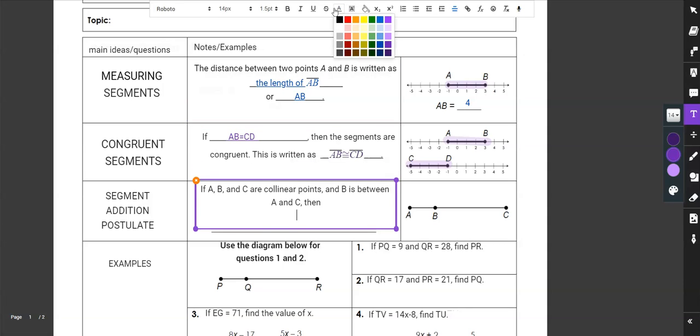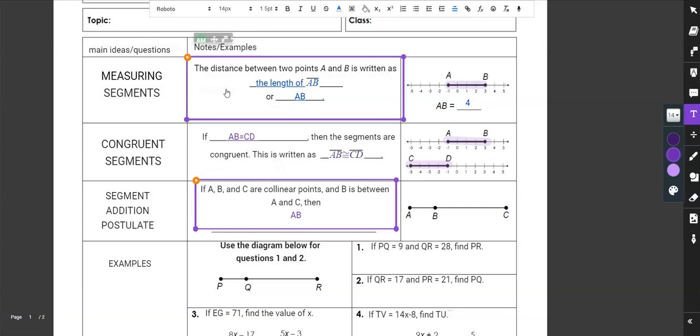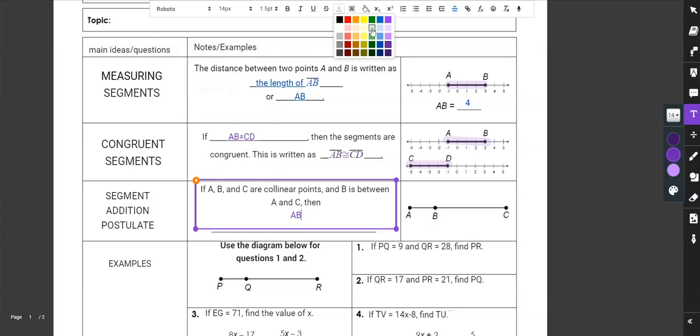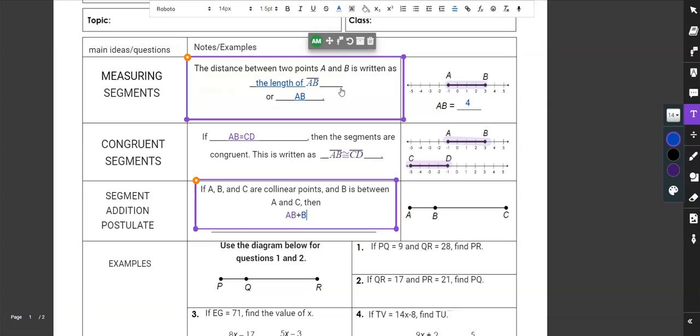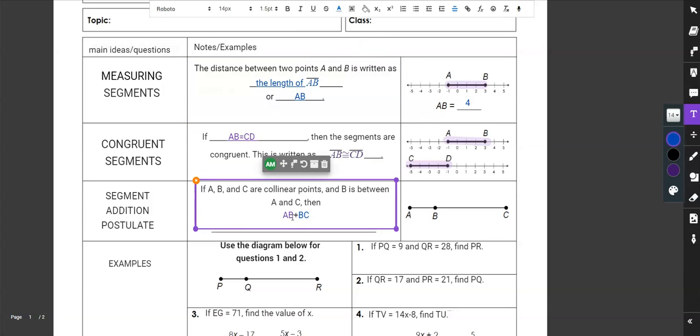the way we say that is that AB plus BC, and I'm going to make this a little bit color-coded, BC. I'm going to change this color, guys. Is going to be equal to AC, the length of the whole thing.